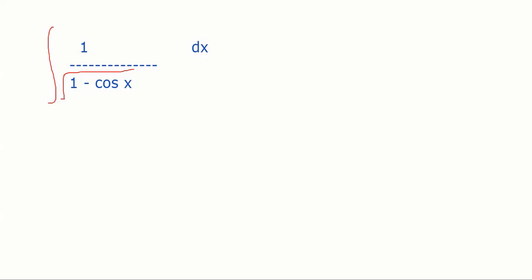Multiplying by 1 minus cos x will not help. If you put 1 minus cos x in the numerator, it becomes 1 minus cos x by root of 1 minus cos x, but then what will we do with plus cos x by 1 minus cos x? It becomes too much.